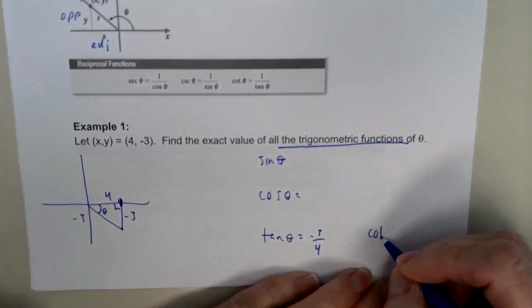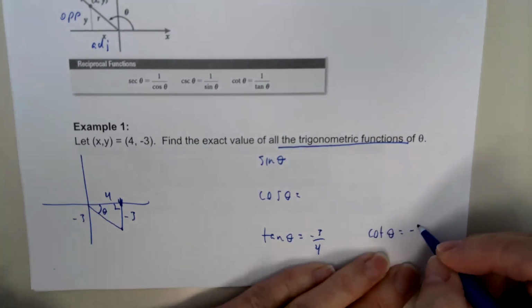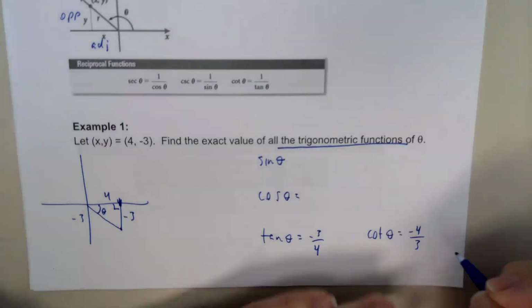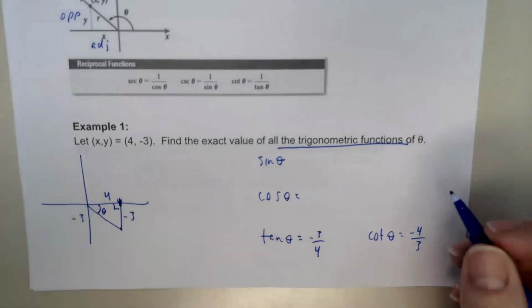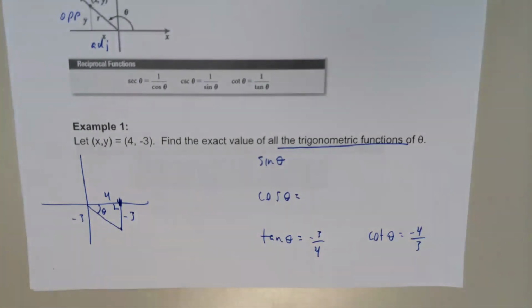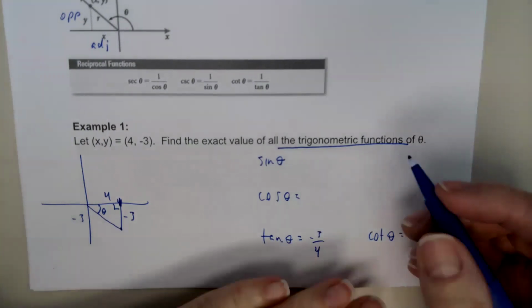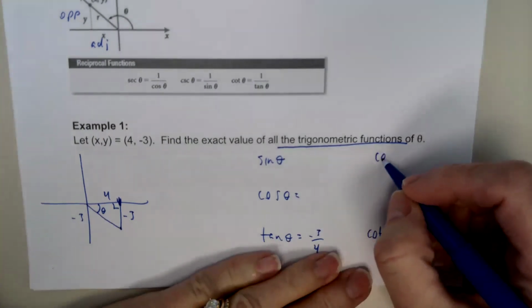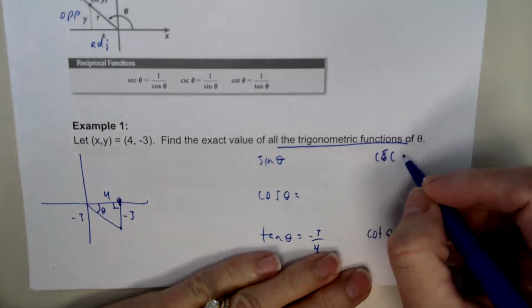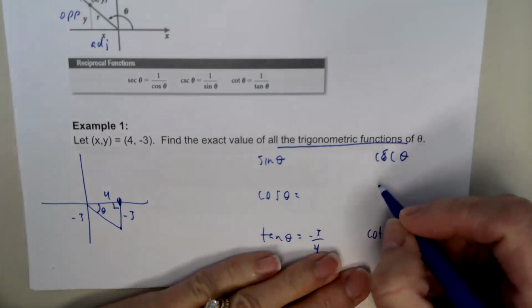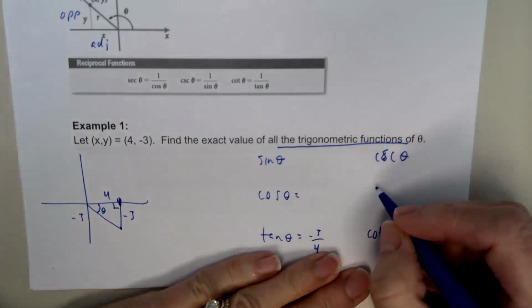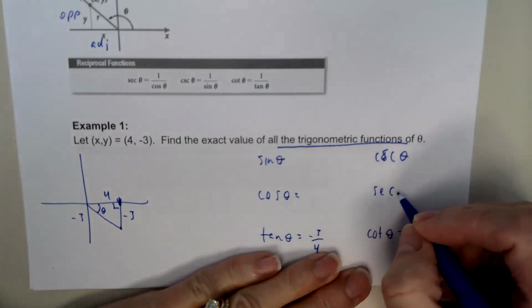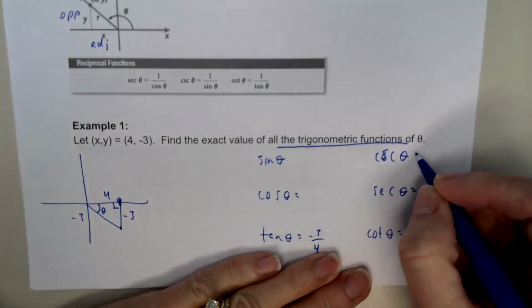And so we know the cotangent of theta is a -4 over 3 because that's the reciprocal. And we know that cosecant is going to be the reciprocal of sine, and secant is the reciprocal of cosine.